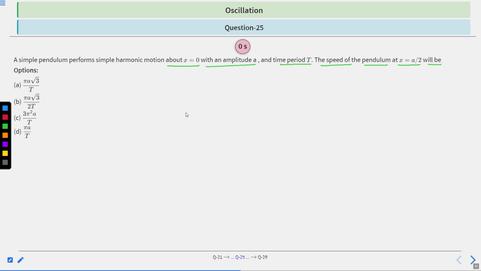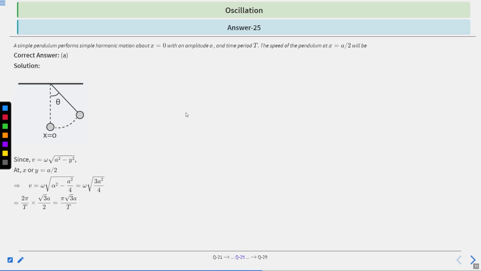Let's find a solution. According to the question, a simple pendulum performs simple harmonic motion about x equal to 0 with an amplitude A and time period T. We know in simple harmonic motion v equal to omega root of A square minus y square.